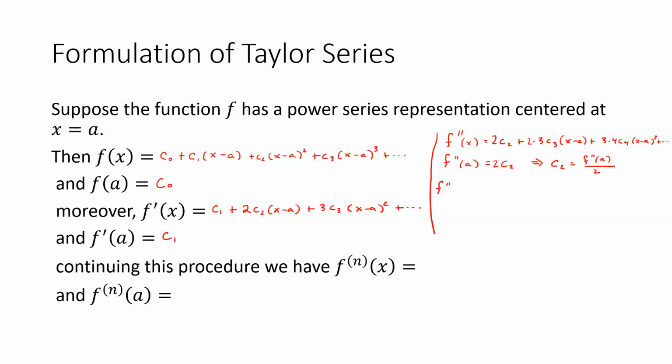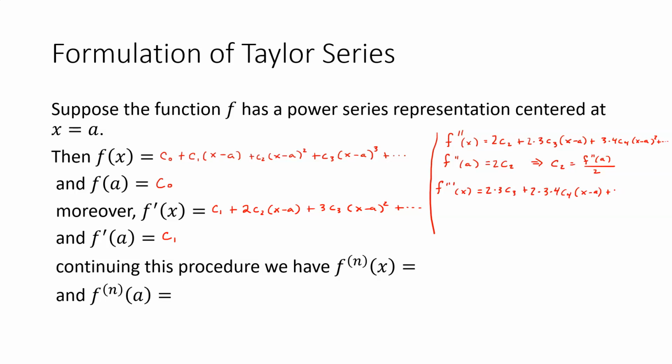Let's see what the third derivative would be. So the third derivative would be 2 times 3c3. And then we would have 2 times 3 times 4c4 times (x minus a).